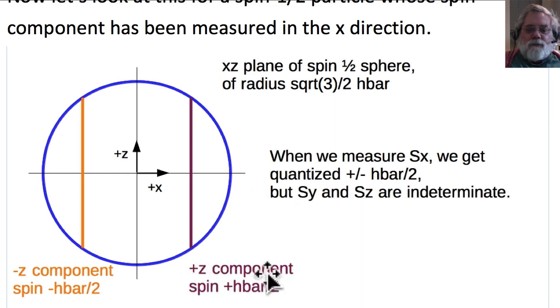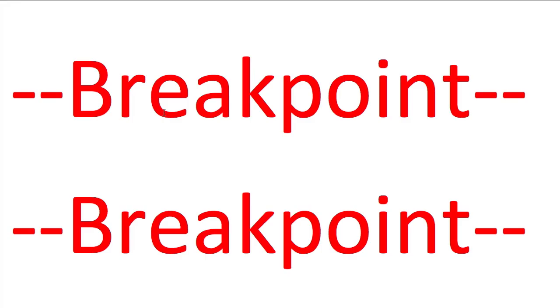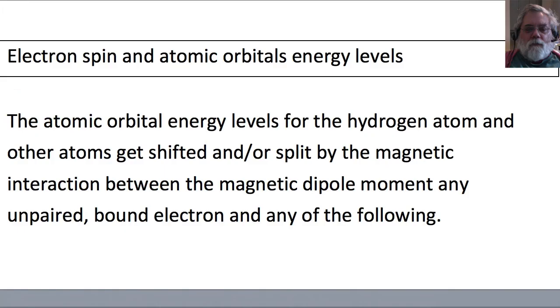The plus x component of spin is plus h bar over 2 here, and this represents a circle in the perpendicular plane, and the minus x component has spin minus h bar over 2. This is a possible time to take a break.